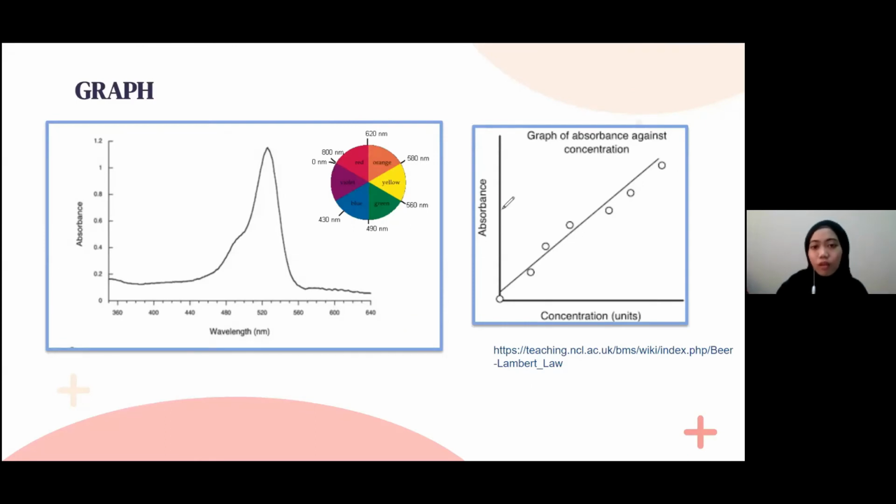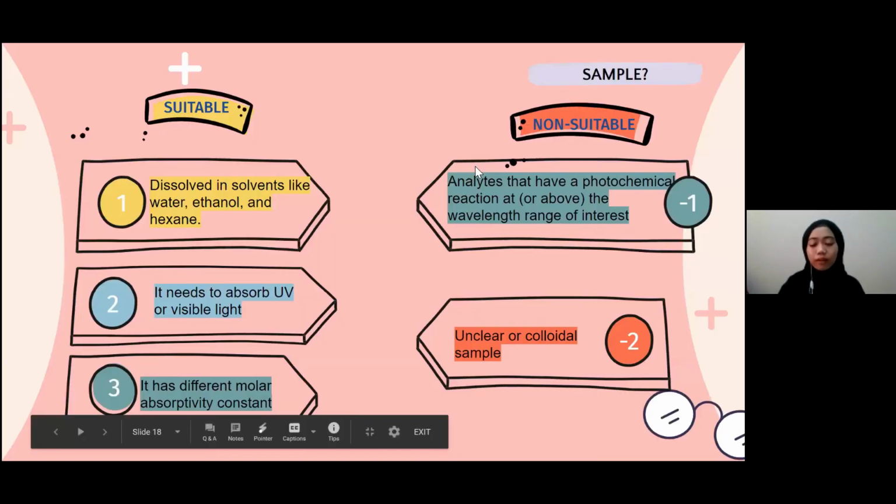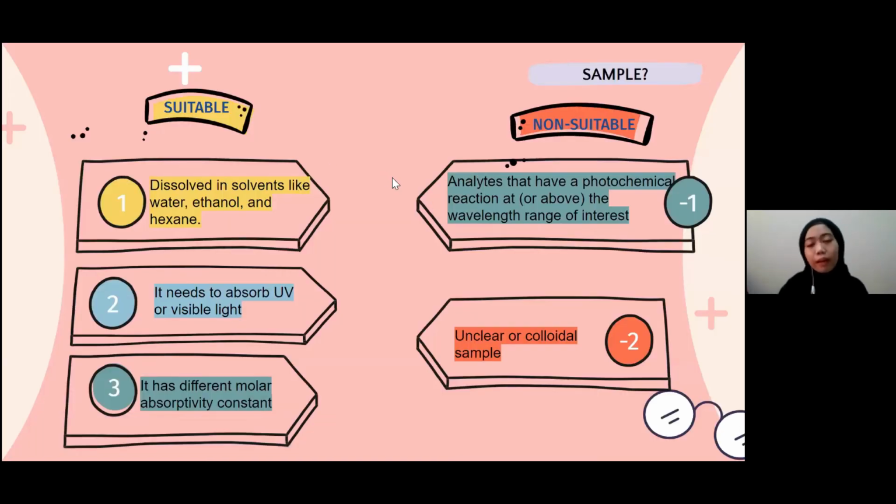So maybe you can get the value of y, any value here, and then you just have to find the unknown concentration from this graph. So this is where the unknown concentration is.